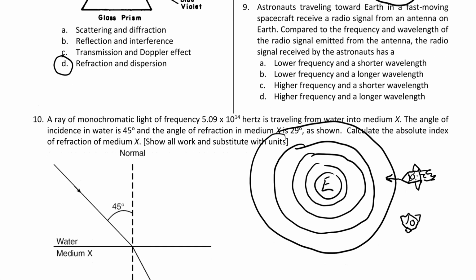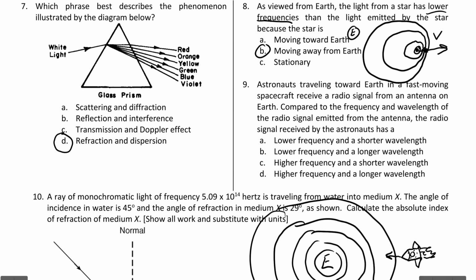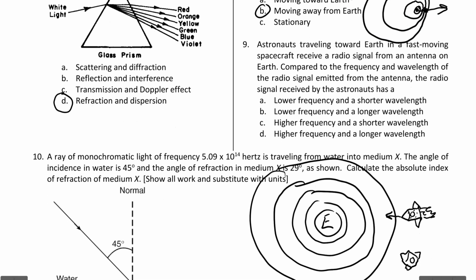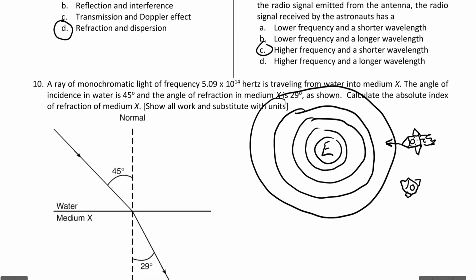And it's going to kind of look like this to them. Since it's a higher frequency, it'll make it seem like the wavelength is shorter than what it actually is. Like this is a longer wavelength, this is a shorter wavelength. So if it's a higher frequency, it's a shorter wavelength, and that's going to be choice C. Okay, so that's the idea there.